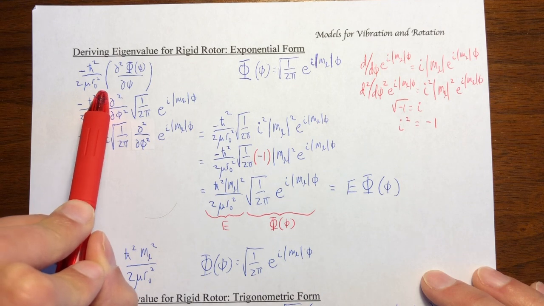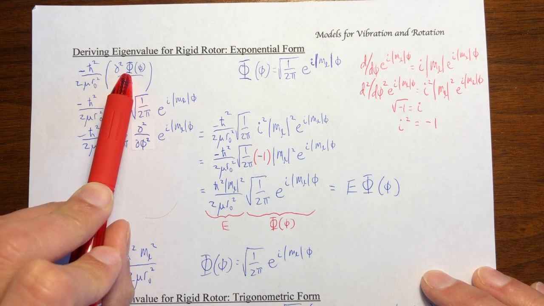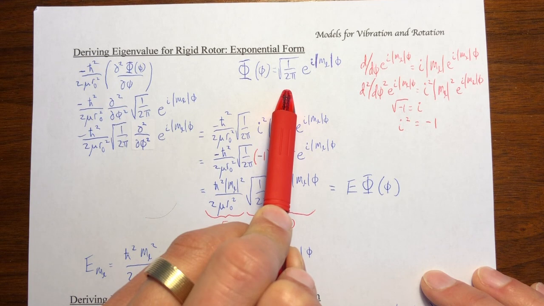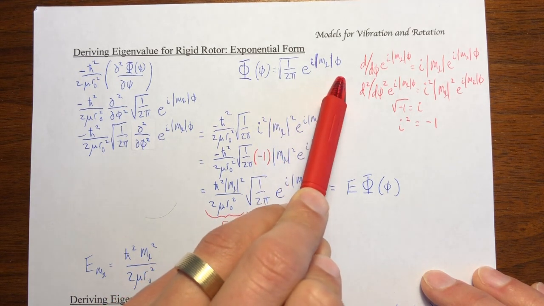So shown here is our Hamiltonian times the wave function for the rigid rotor, capital Phi, where capital Phi is equal to the square root of 1 over 2 pi times e raised to the i m sub l times phi.